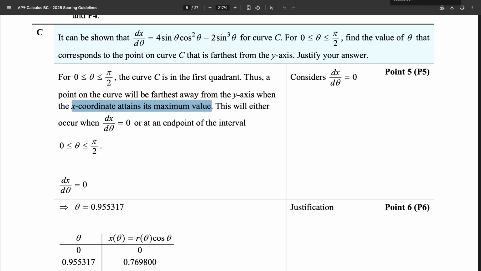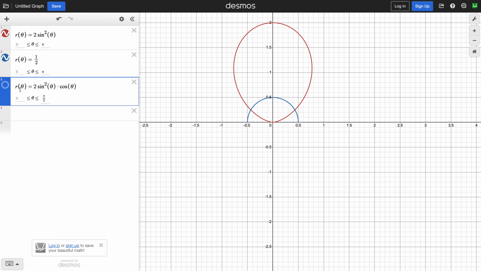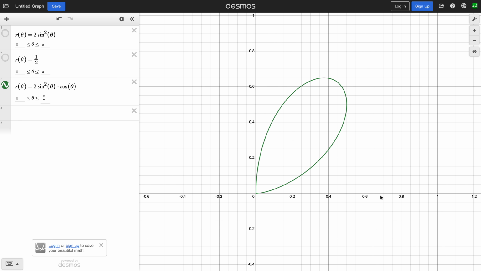So in this case, if I were to look at this here, and I did r cosine of theta, this is what I have. And I want to look at the maximum x coordinate, which is right here.